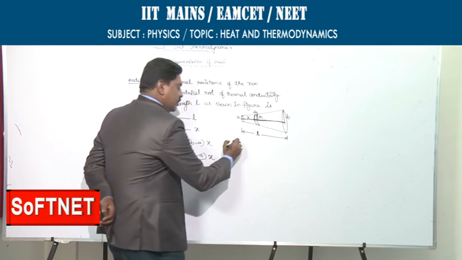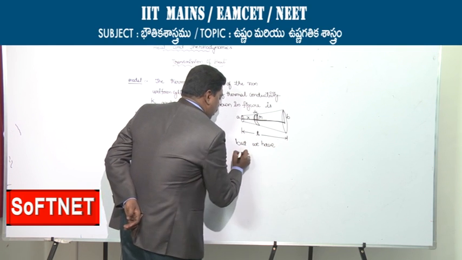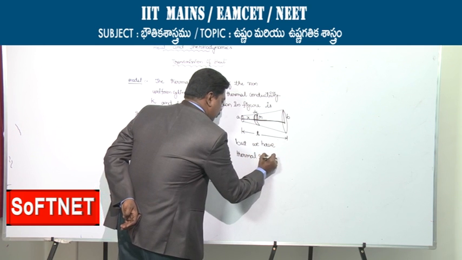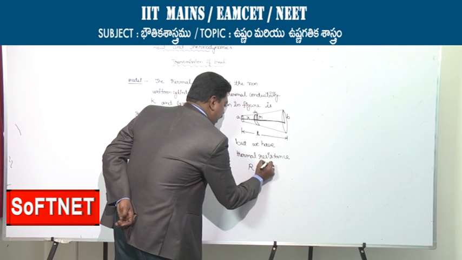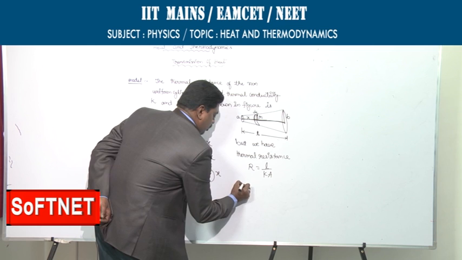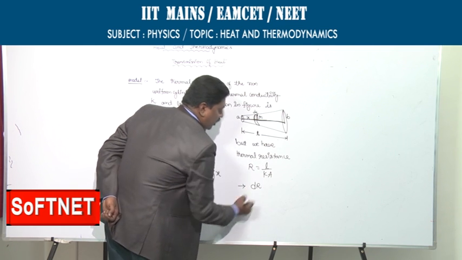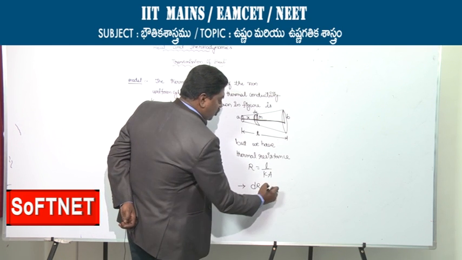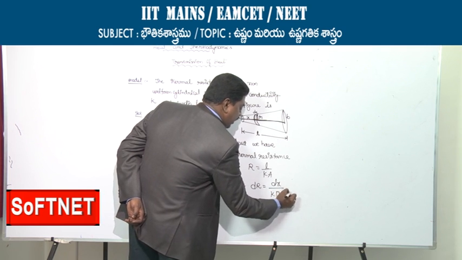But we have thermal resistance R equals L by K A. So for the small portion, the thermal resistance dR equals dx by K into pi r square.